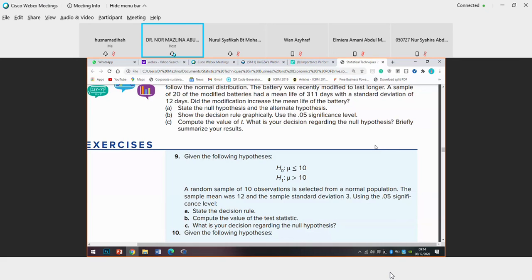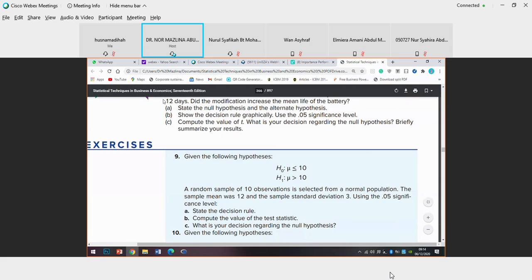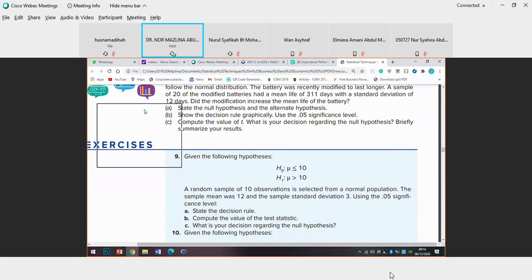Saya akan bagi project question untuk awak supaya awak boleh fikirkan bersama-sama dengan kawan-kawan awak sepanjang term break tu ataupun sem break, apakah tajuk yang sesuai untuk awak buat sampling dan sebagainya.